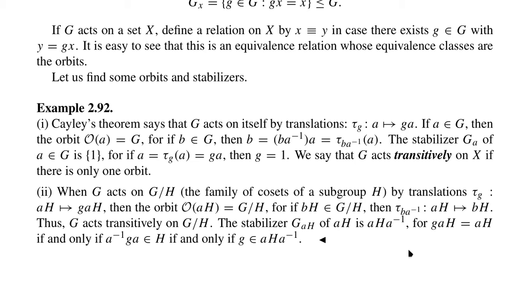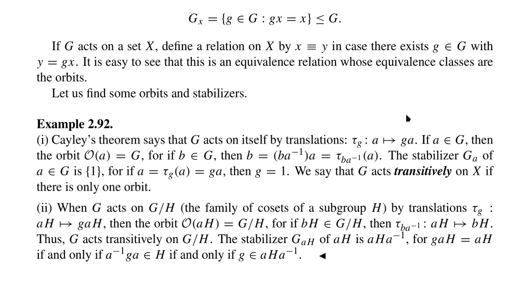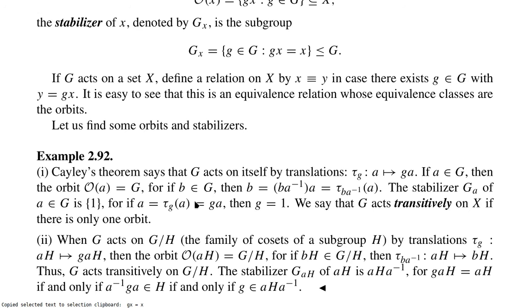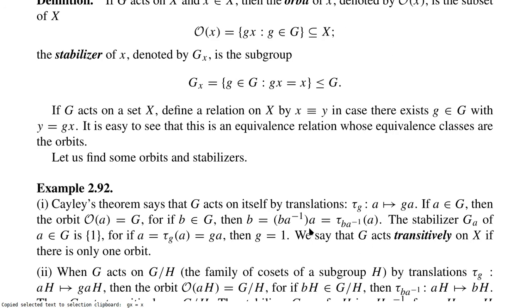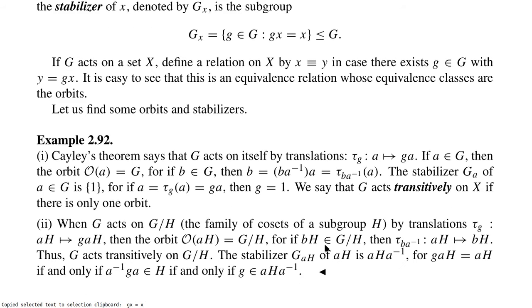And this is precisely because if there is an element g such that you map a onto ga, and that's what you need here, then g has to be the identity. There's no other way, because of the way we have defined the translation here. Okay, so yeah, there's only one orbit.